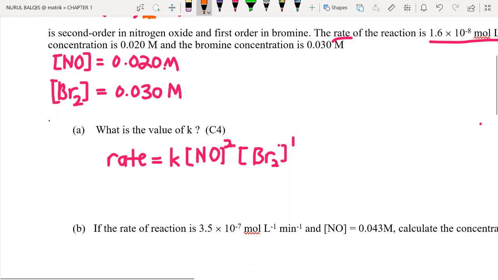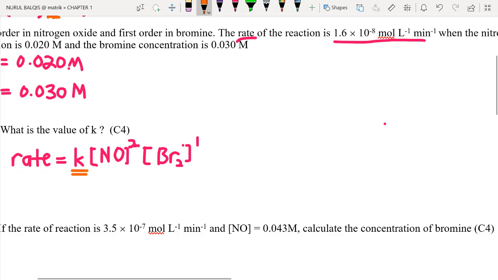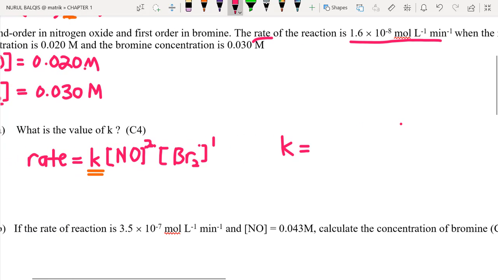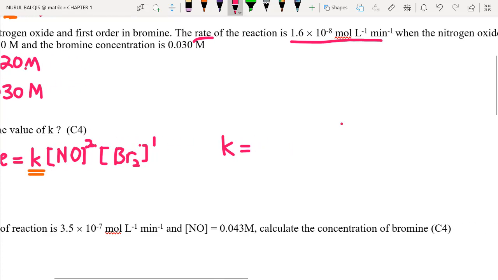Alright, so you want to find K. Do you have all the information other than K? Yep, we already have the rate of reaction, the concentration of NO and also the concentration of Br2. So simply rearrange this rate law, and you're going to get K is equal to rate over concentrations.